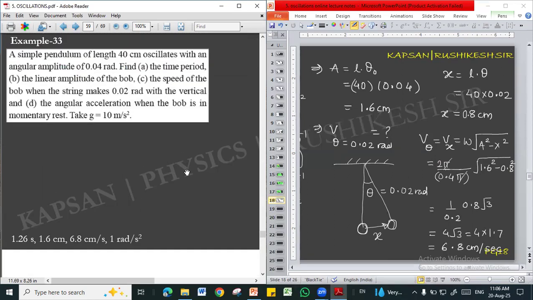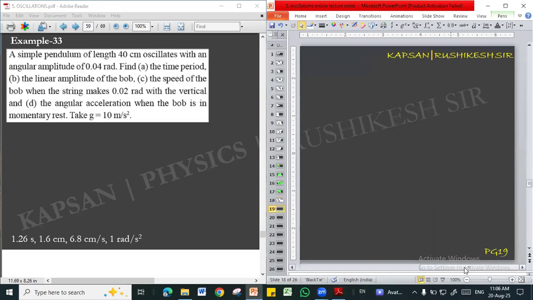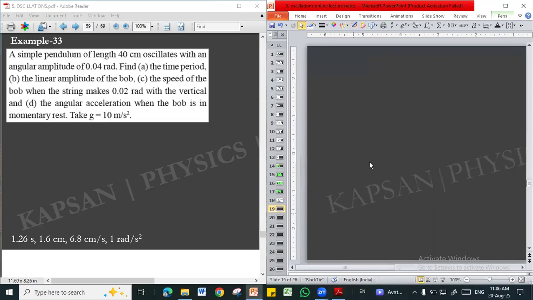Okay, what else? Alpha, angular acceleration alpha, when the bob is at the extreme position. How will you figure out angular acceleration when the bob is at its extreme position?